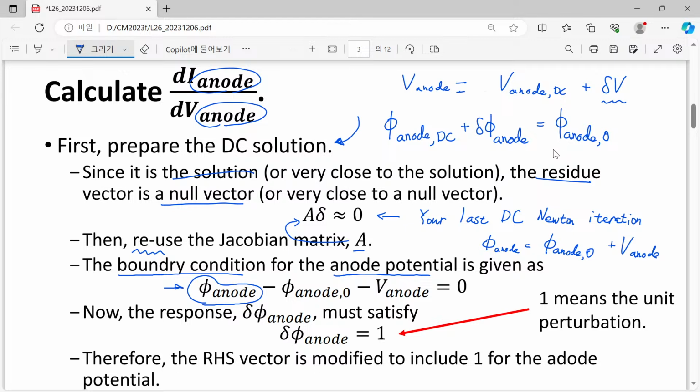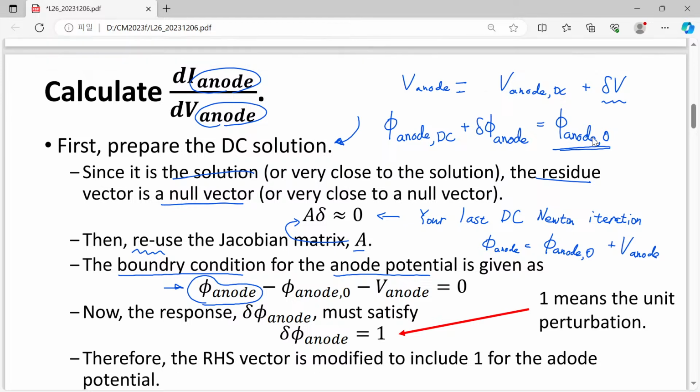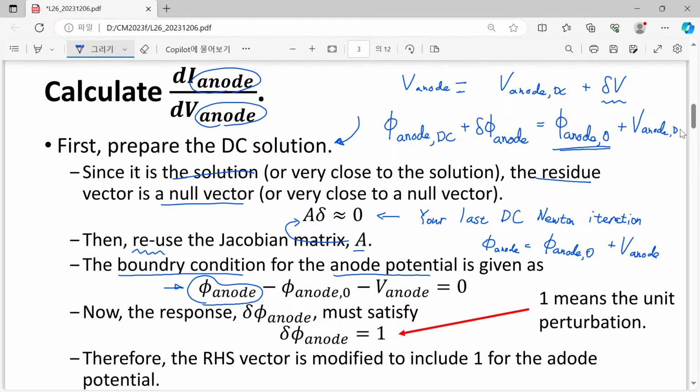Please note that there is no fluctuating term related to the equilibrium value, because the equilibrium value is just a given number. Whether you make a certain change in your terminal voltage, that does not change this parameter. So you will have V anode, its DC term, and delta V. That is the full boundary condition.